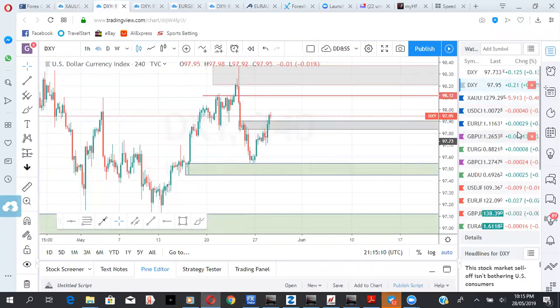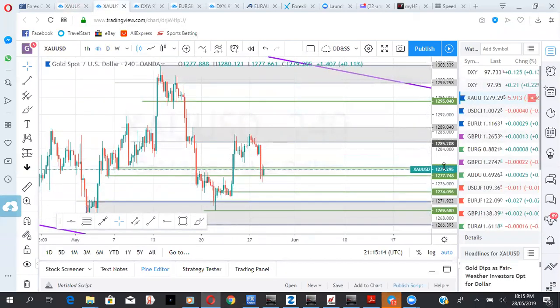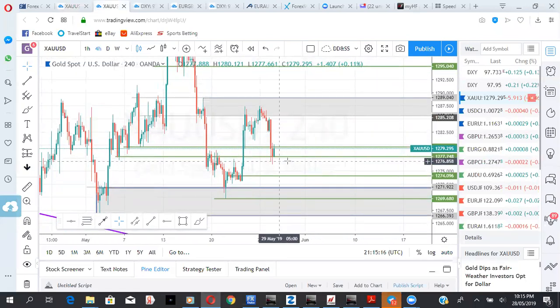If I go down to this other chart, gold is currently sitting on a support-like structure.